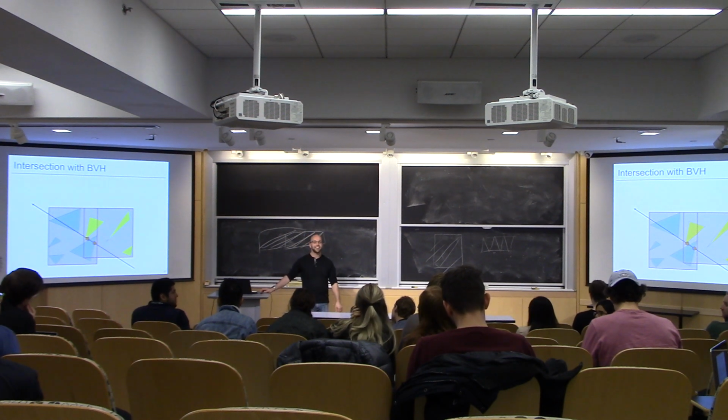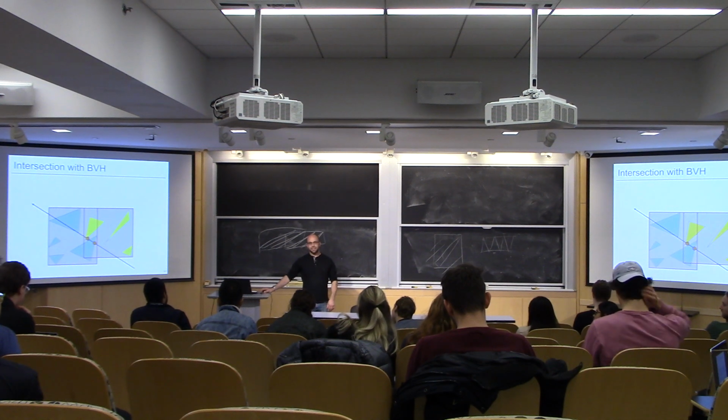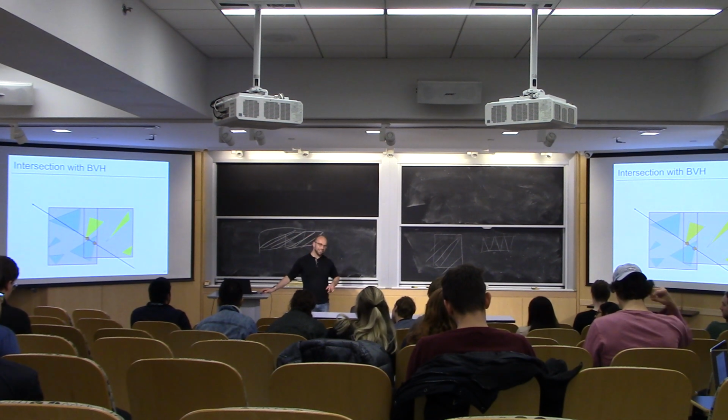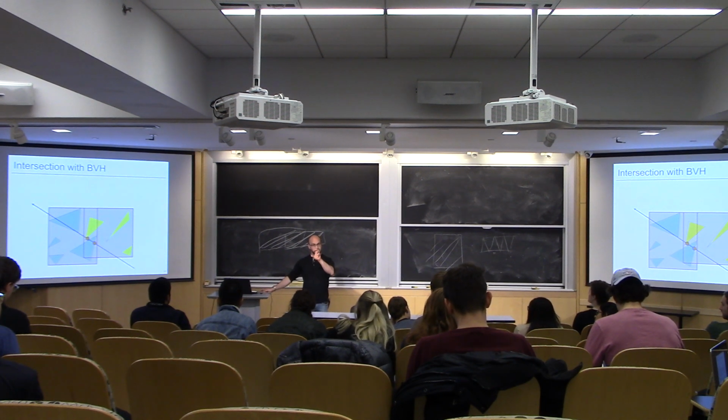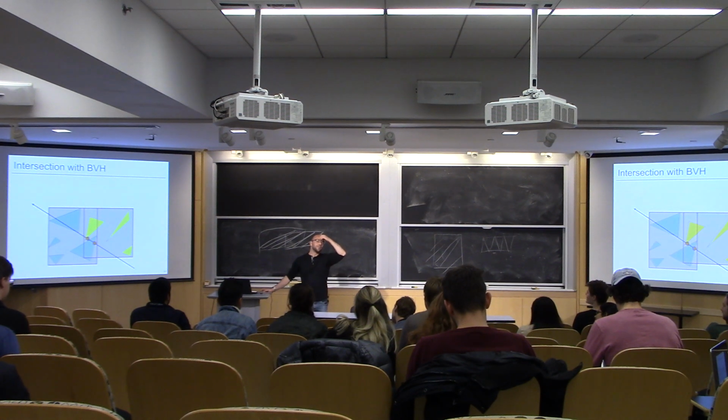Yeah? Why does it calculate the triangle below? Isn't it also in the first box? That's a great question. So in a bounding volume hierarchy, we're going to assume that every object belongs to one bounding box.